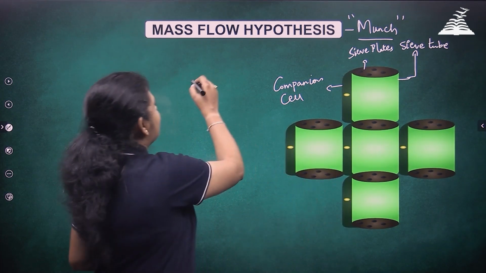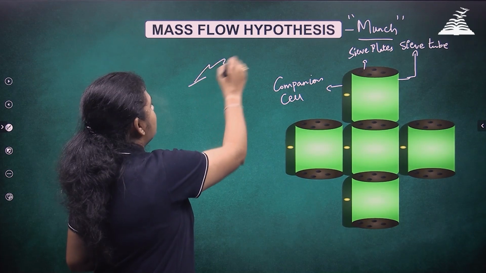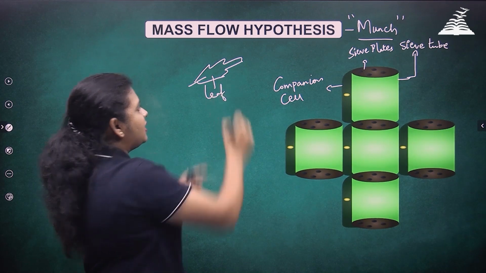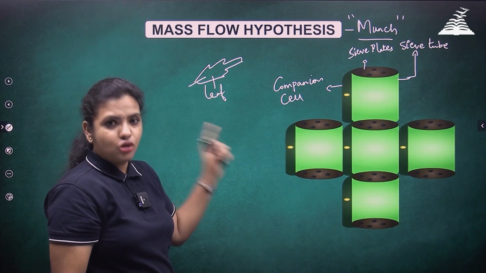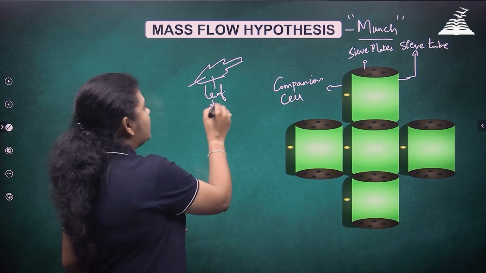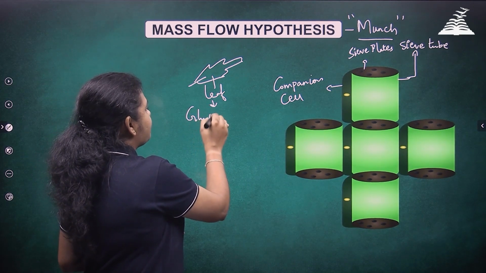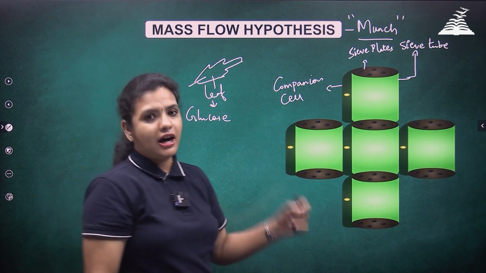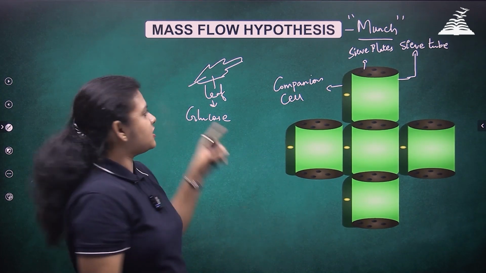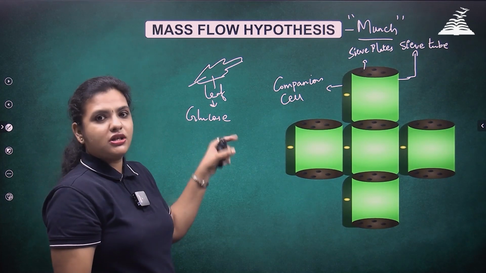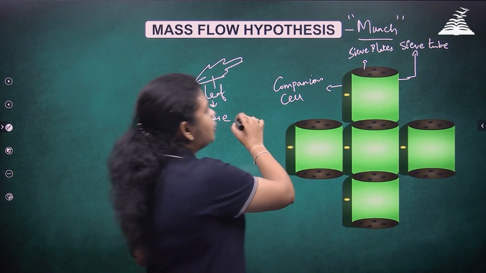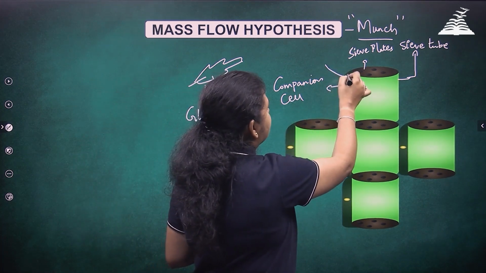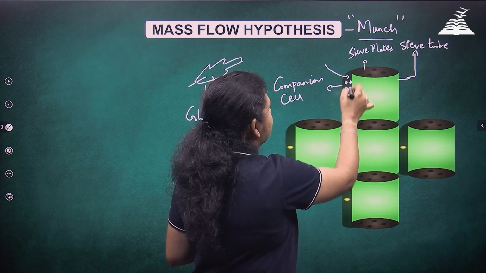Now let us understand the hypothesis. Who is making food? The leaf makes food, right? So the leaf is the source which is making food in the form of glucose with the help of chlorophyll, sunlight, water and carbon dioxide, that is your photosynthesis. As soon as glucose is made by the leaf, glucose is a sugar molecule, yes, so glucose enters into the companion cells.